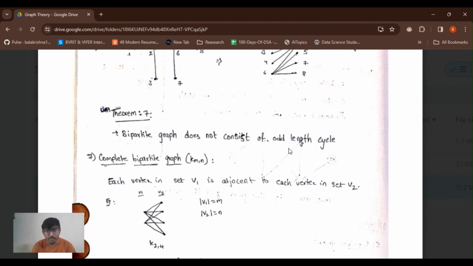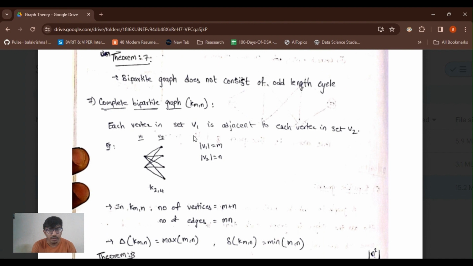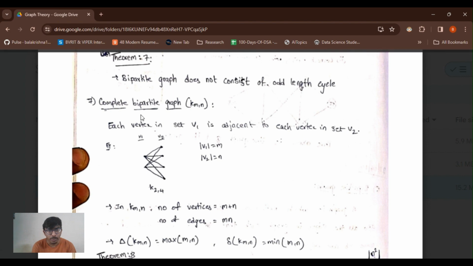A bipartite graph does not consist of an odd length cycle. So this is also one important point you have to remember. If each vertex in set V1 is adjacent to each vertex in set V2, then it is a complete bipartite graph.